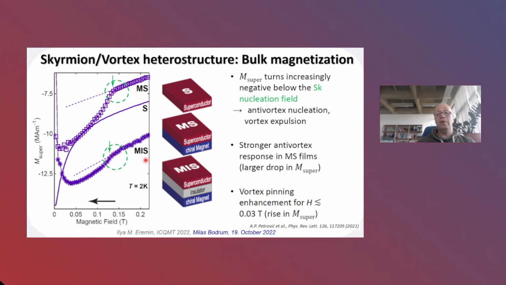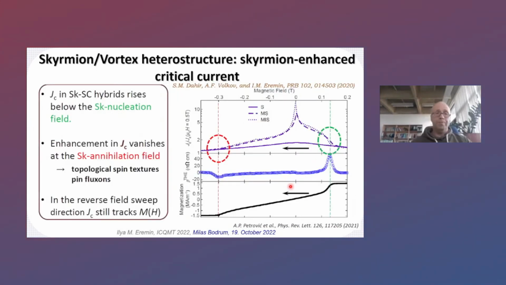They see that the effect is changing going from the heterostructure with the insulator in between to the superconductor, which clearly argues that they indeed see the formation of both vortices and skyrmions. They see a strong anti-vortex response in MS fields because they see a larger drop in this case, and this is a very good indicative factor that they do see both skyrmions and vortices, and they do interact with each other.